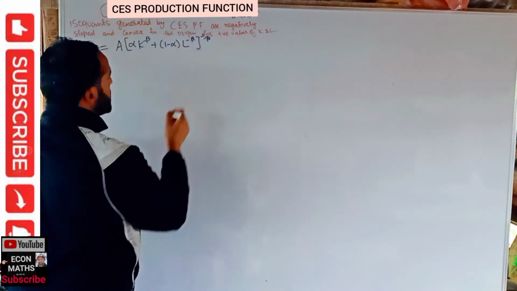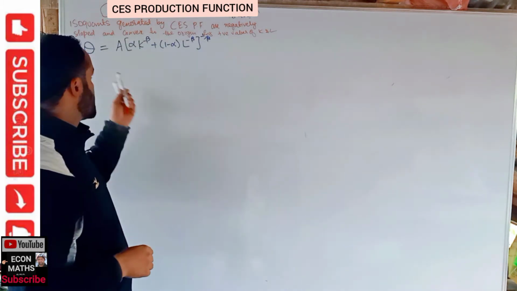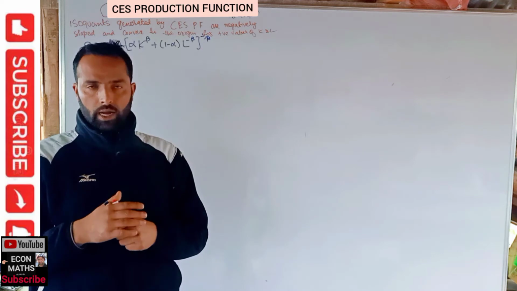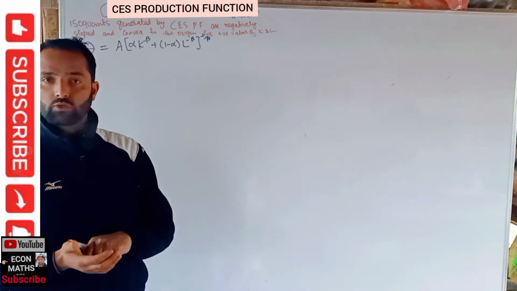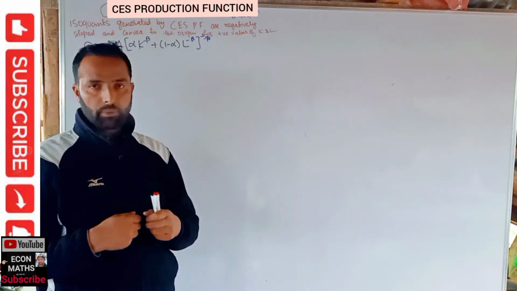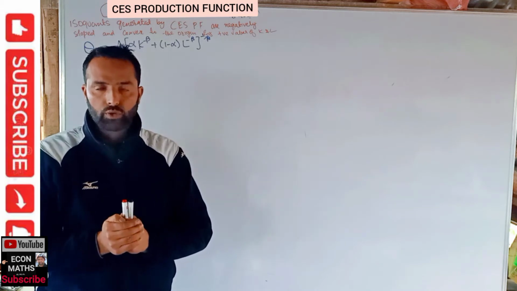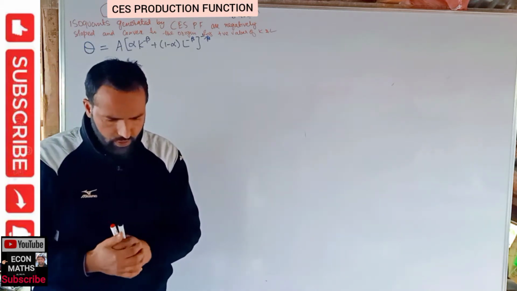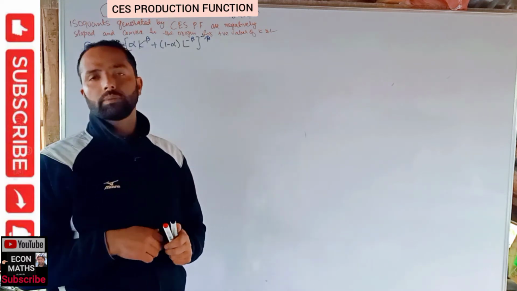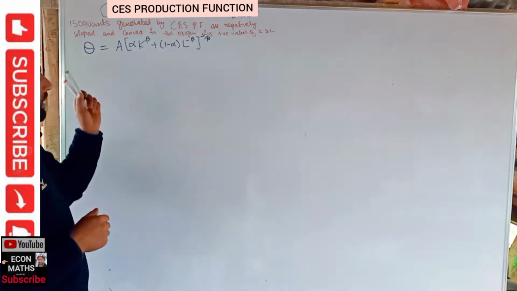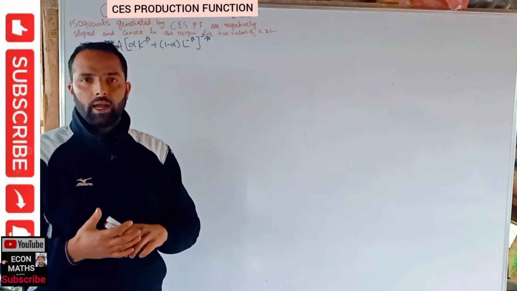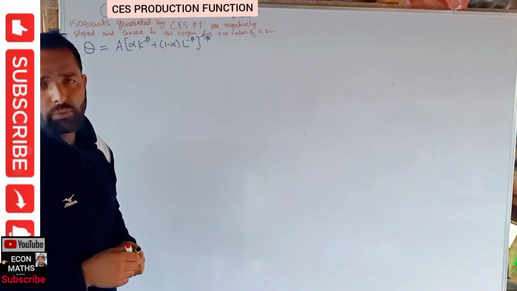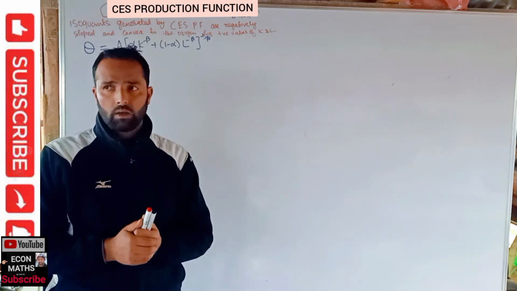We have to show that this CES production function is negatively sloped and strictly convex to the origin for positive values of capital and labor. How will we do this? First, we write the marginal products of the inputs, that is, the marginal productivity of capital and of labor. First of all, we find the marginal productivity of labor.